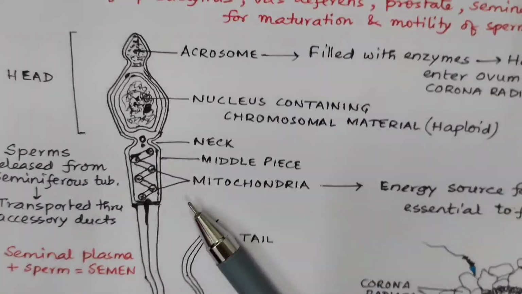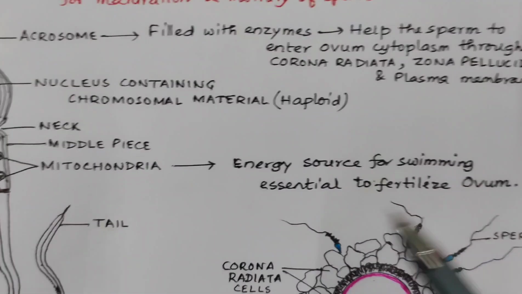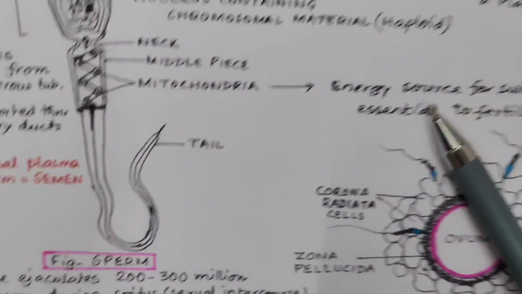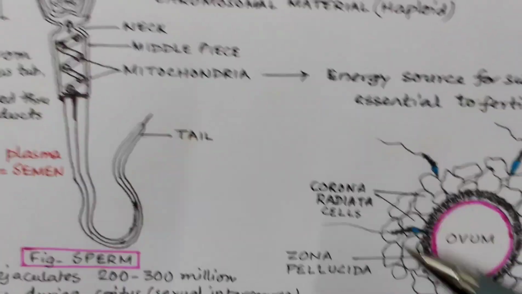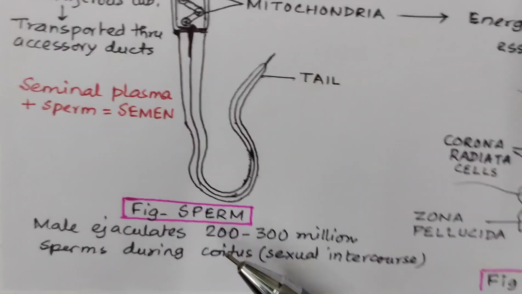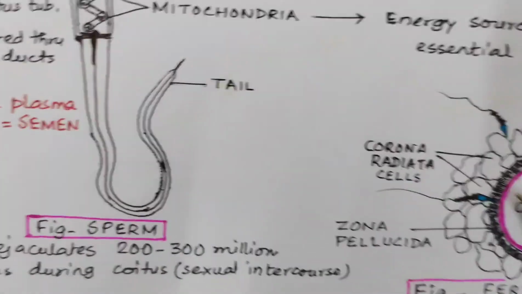This is the middle piece, which contains the mitochondrial spiral, the energy source for swimming of the sperm through the female tract. A male ejaculates about 200 to 300 million sperms during coitus.